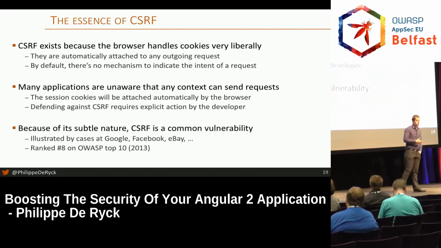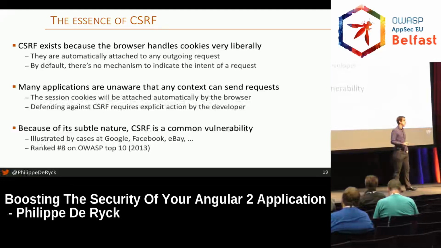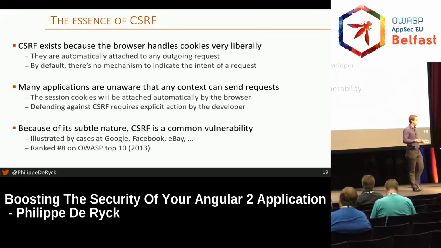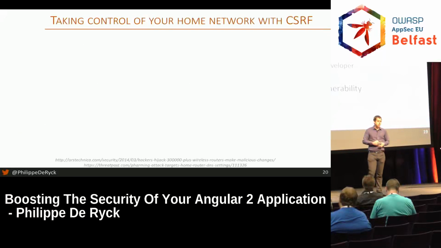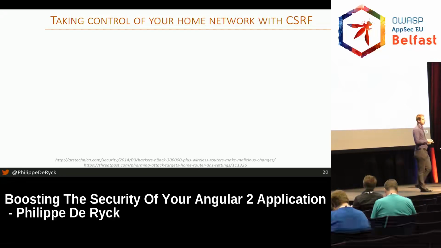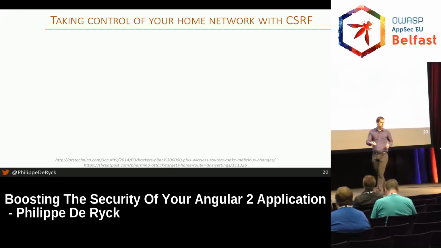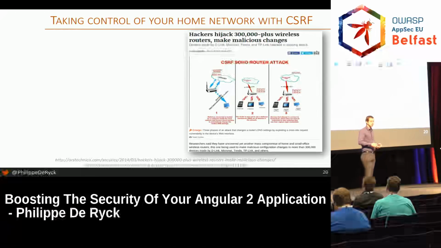It's in the OWASP top 10, but major companies, Google, Facebook, eBay, they all suffered from CSRF at one point or another. There's even a kind of CSRF attack that's even more dangerous. People have discovered that home routers are apparently not very secure. So if you have a home router with a web interface, it's probably vulnerable to CSRF. Meaning that somebody, if you visit a web page, can start launching requests at your router to change, for example, DNS settings.